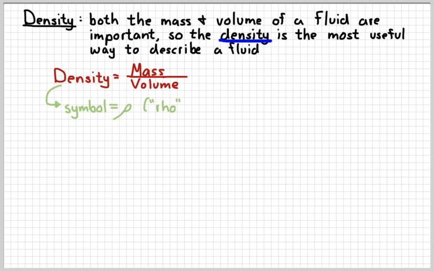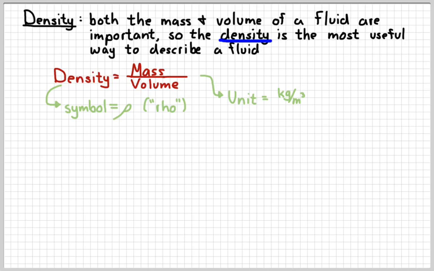The symbol for density that we're going to use, the big boy symbol, is the Greek letter rho. So it's kind of like an italic-looking P. It's called the Greek letter rho. Don't use a D for density because then you're going to get that confused with a D for depth, which is going to be important for fluids. Our unit for mass is a kilogram.